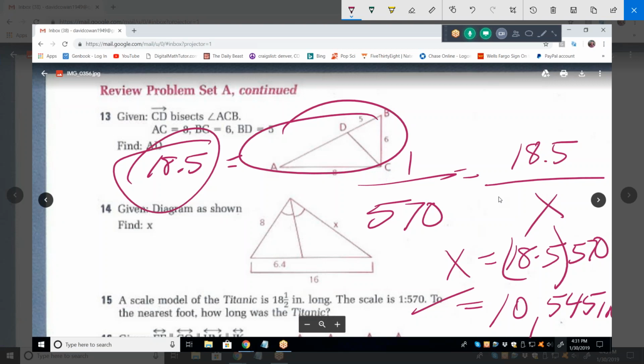Not sure what I was thinking, but I know that when you're looking at linear scale factors, you'll get to a point in geometry where they'll say, what is the area scale factor? In other words, if I have a square over here that is 1 dimension, and I have a square over here that's 2, what's the linear scale factor between those two squares? 2. Well, to me, it's 2 to 1.